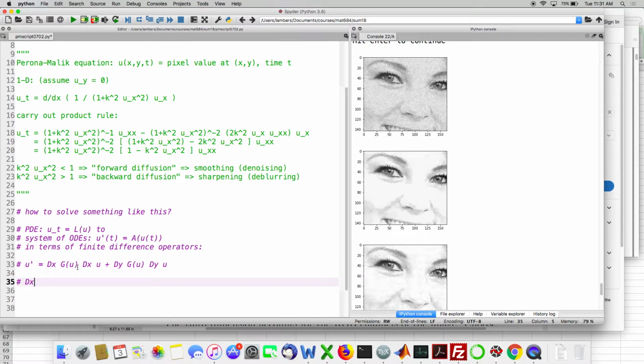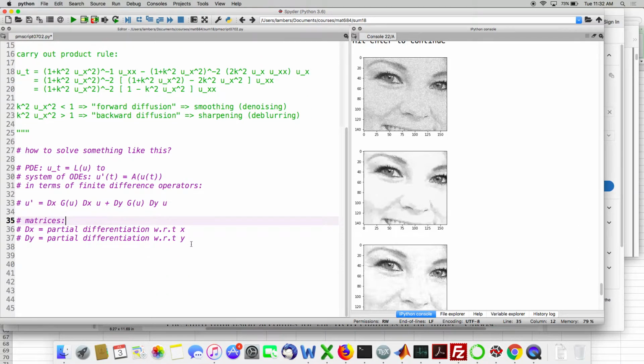So Dx is a partial differentiation with respect to x, and similar for Dy. And all of these I'm about to describe here are matrices that we need to implement all this.